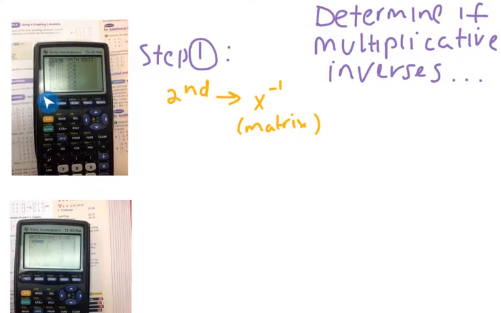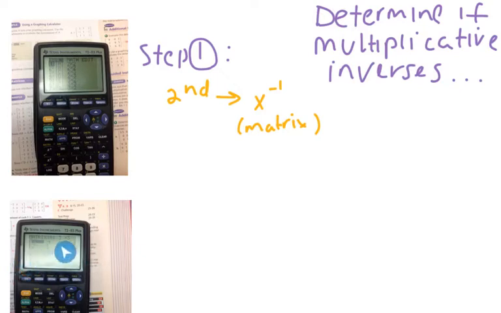Scroll over to the edit button. I'll do this along with you. Scroll down to matrix A, which should already be highlighted, and hit enter. This screen should pop up where you have a 3x3.